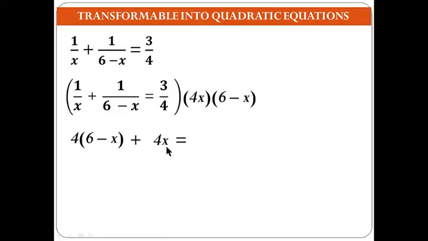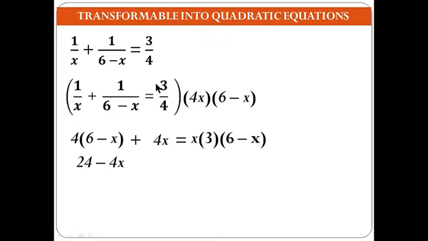Then, next, dito, tanggalin si 4. Itong si 4, ang naiwan ay si x and 6 minus x. Saan nakuha si 3? Sa numerator, kasi after cancelling yung common factor, i-multiply siya sa 3.